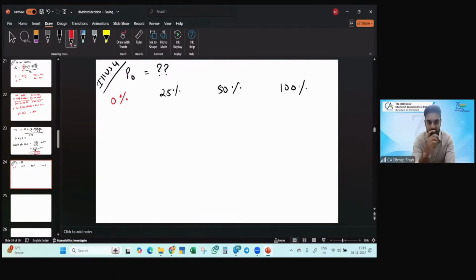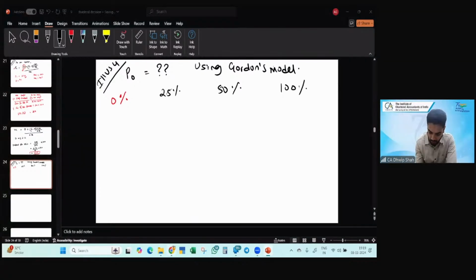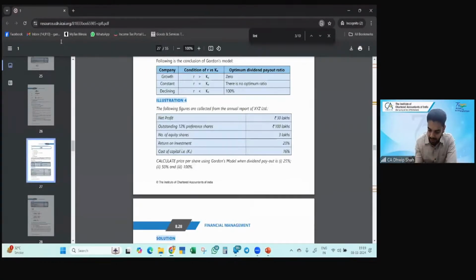This is additional from my side. In the question, we have to just solve for 3 payout ratios. But from my side, let's solve at 0% as well. Okay? Calculate price.